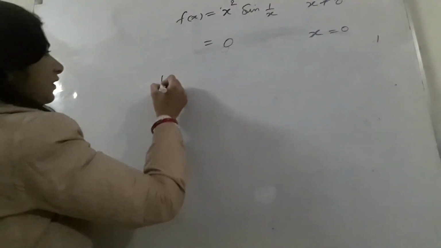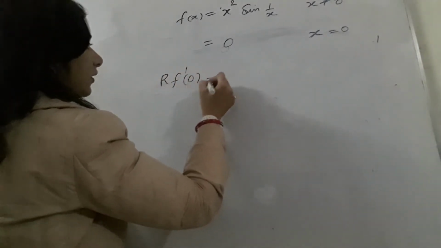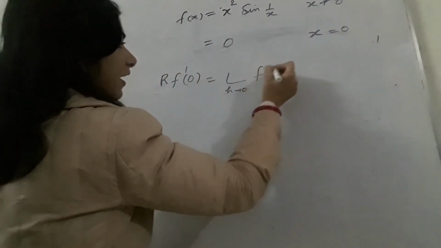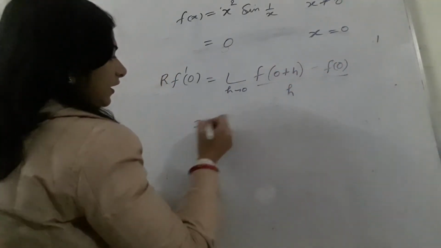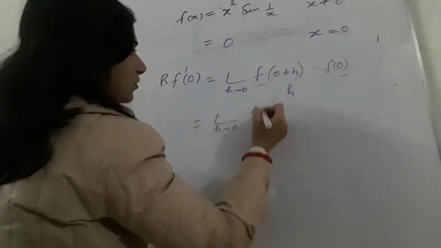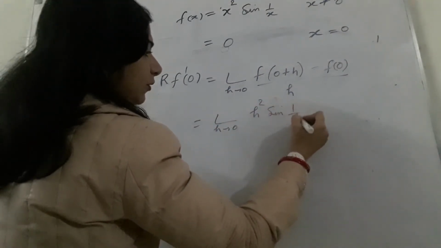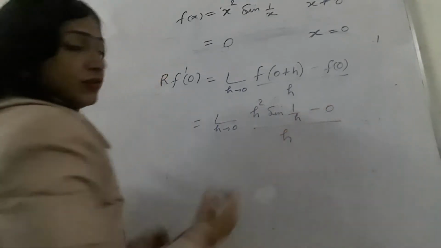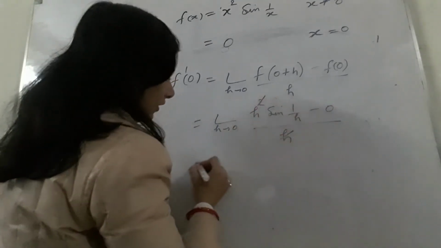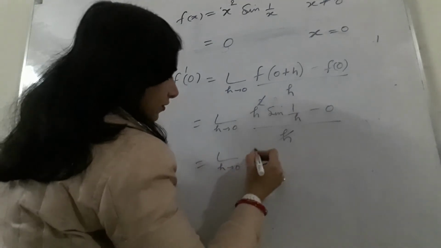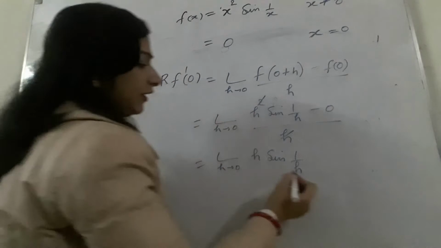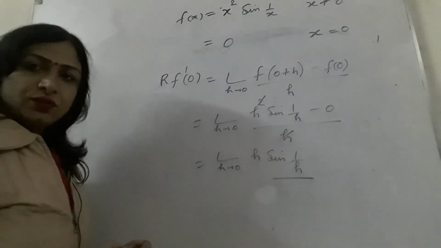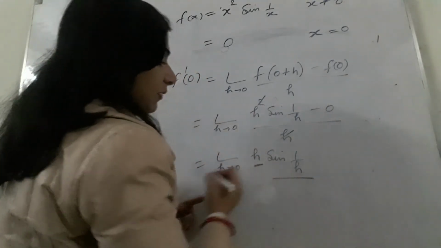Its right hand derivative will be limit h tends to 0 of f of 0 plus h minus f of 0 upon h, which becomes equal to h square sine 1 upon h minus 0 upon h. Cancelling this h, we will get limit h tends to 0 of h sine 1 upon h. As we saw in the last example, the value of sine 1 upon h is not unique, but when we multiply it by h, which tends to 0, it becomes 0.